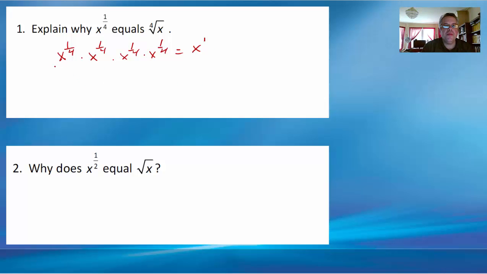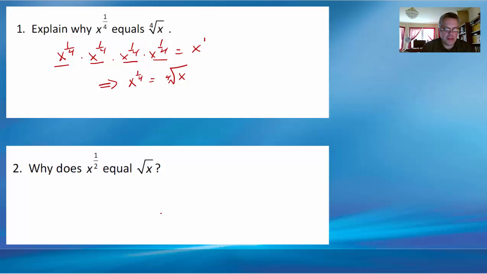That means if you multiply x to the 1/4 by itself 4 times, you get x. But that is exactly what the fourth root of x means. So we see that x to the 1/4 has to be the same as the fourth root of x, the number you multiply by itself 4 times to get x.